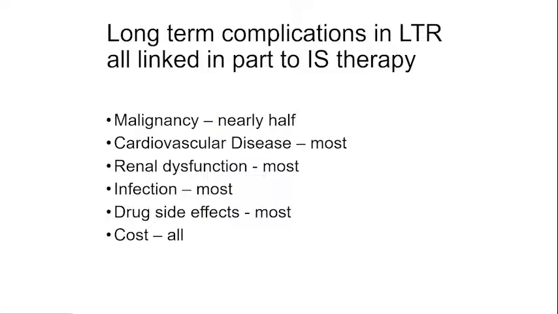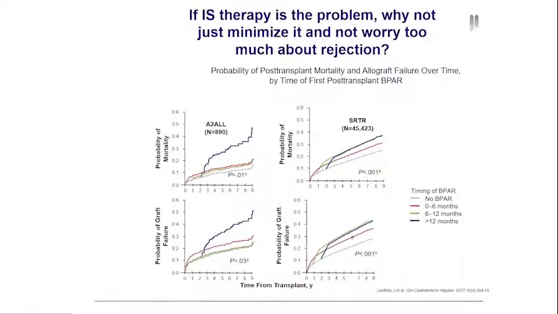So if you take all of the liver transplant complications, there is a linkage in all of these to immunosuppressive therapy. So it would be very nice to be able to minimize the toll of immunosuppressive therapy in our transplant recipients. The issue is, though, if immunosuppressive therapy is the problem, why can't we just minimize it and not worry much about developing rejection?